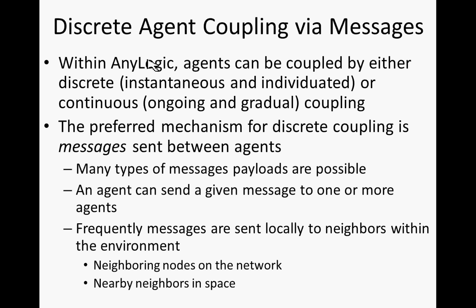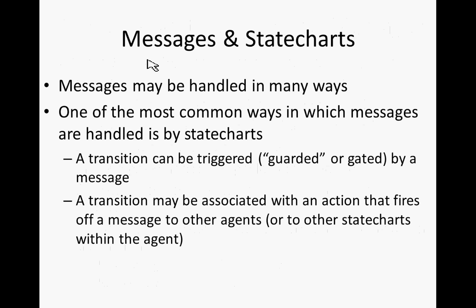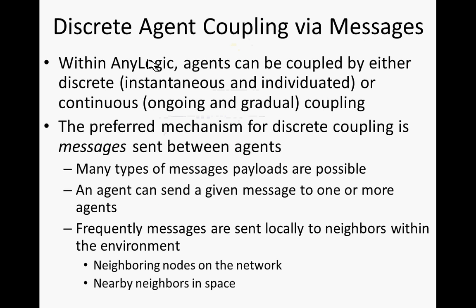So it doesn't require any sort of lockstep evolution of the agents. Instead, they can each be going on. One will notify the other by sending a message, much as someone might send you a text message. And you can check it when you're ready to do so, and continue on.